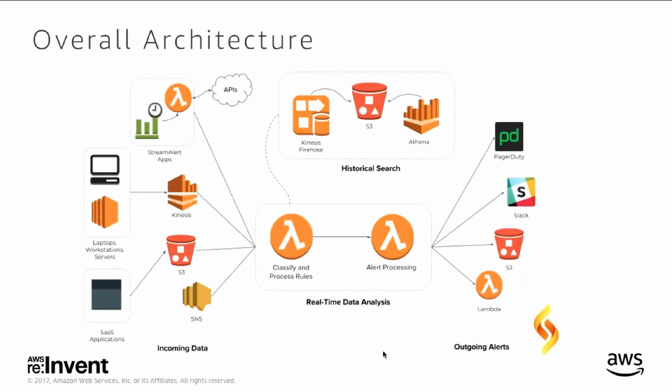So as the data comes in, you can say, if this is a particular event, does it meet a specific security classification, and then that data can be pushed to some kind of notification entity like PagerDuty or Slack. But as those events are going through the system, we're also saving them into S3, so you can use Athena for historical search and analysis on all those events happening.